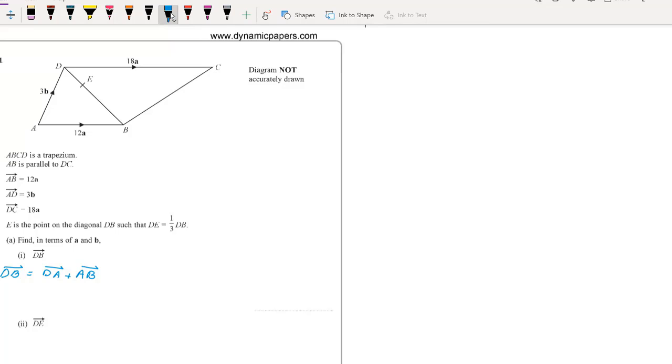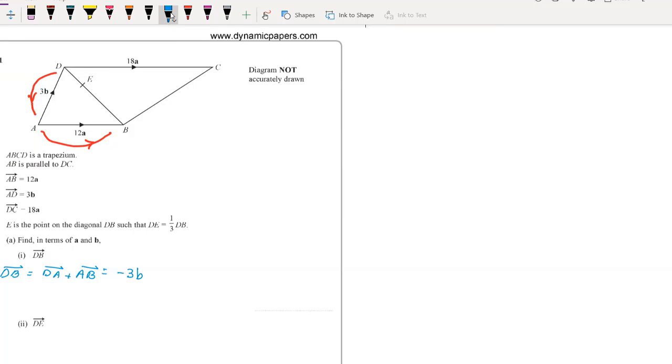From D to A, we will move in the direction from D to A in this direction. And then we will move from A to B. This is going to give me DA is not 3b, it is minus 3b.